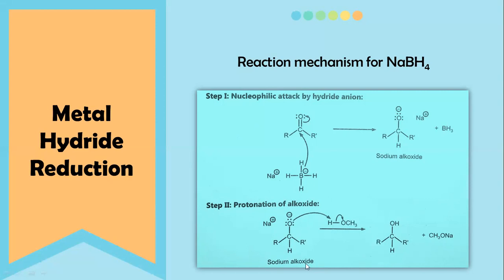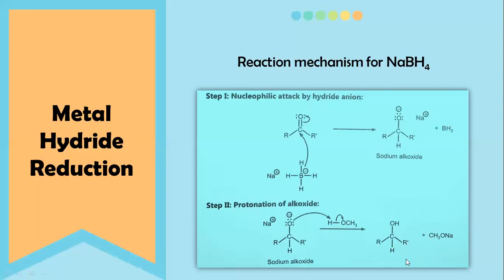So in the second step, this alkoxide ion reacts with methanol, and methanol provides a proton to the sodium alkoxide ion, which causes the replacement of sodium by a hydrogen atom, and it converts into a hydroxyl group, whereas the sodium takes the position of the hydrogen atom in methanol, and methanol converts into sodium methoxide.